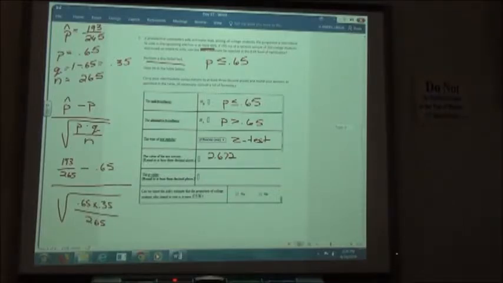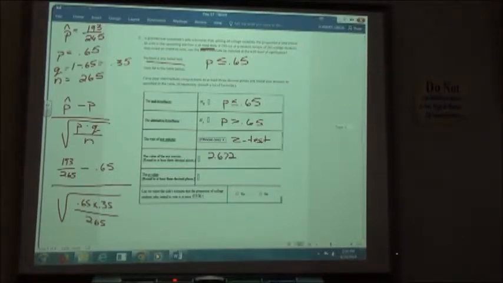Then you're going to take that answer, so you hit second function answer, and you're going to divide that by the square root, so you do second function and the x squared to get the square root, and then you do 0.65 times 0.35, and I don't think you need parentheses. I think you can just divide by the 265. We're going to find out. And hit equals. There's our number, right? So you do the top, hit equals, and then do the answer divided by the bottom.